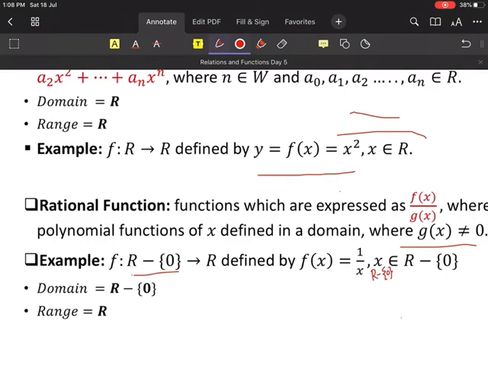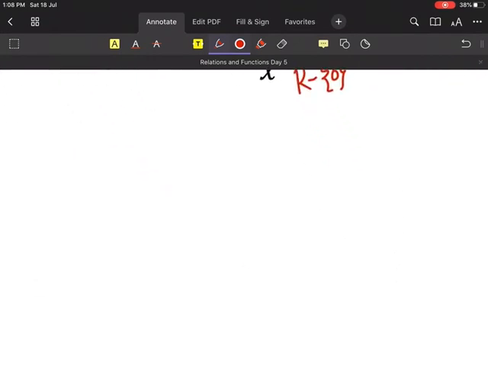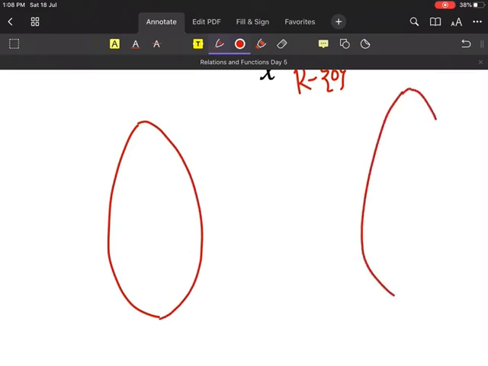So the domain is R minus 0 and the range is R. How come the range is R? Let's explain. Let us see an arrow diagram. Now let's see.